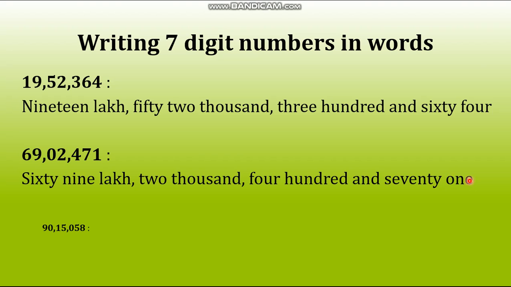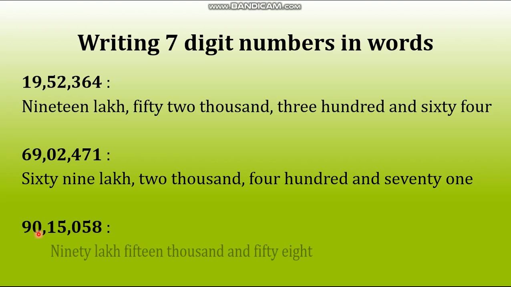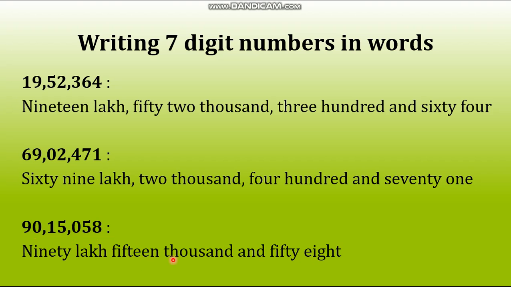Let us study one more example. Here this is 90 lakh 15,000, as again at 100s place 0 is there, directly we have to write 58 over here. So in this way children, we can write the 7-digit numbers in words.